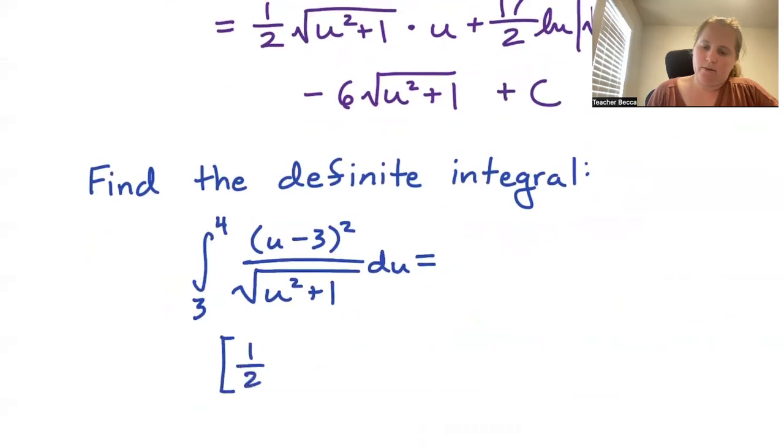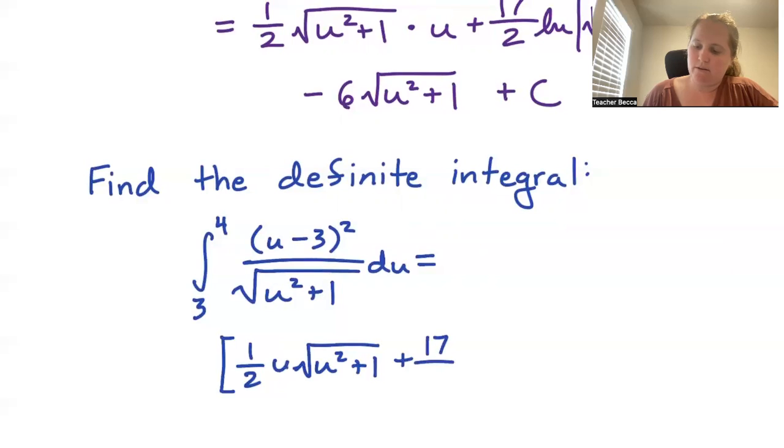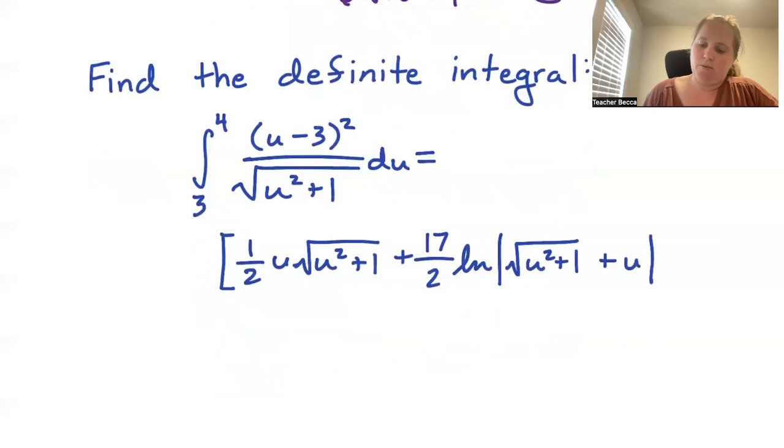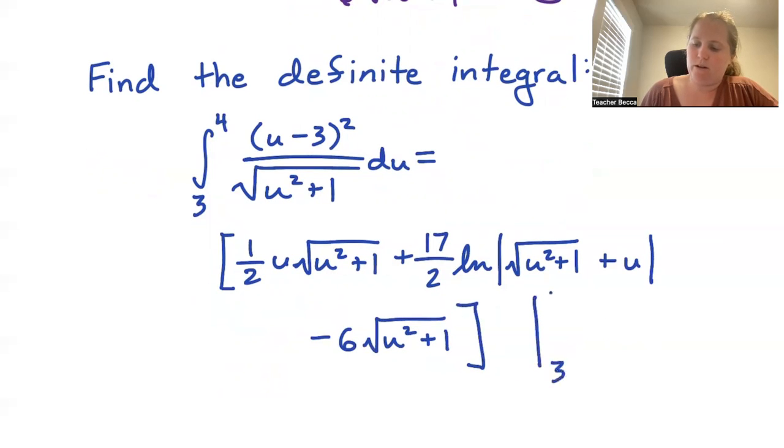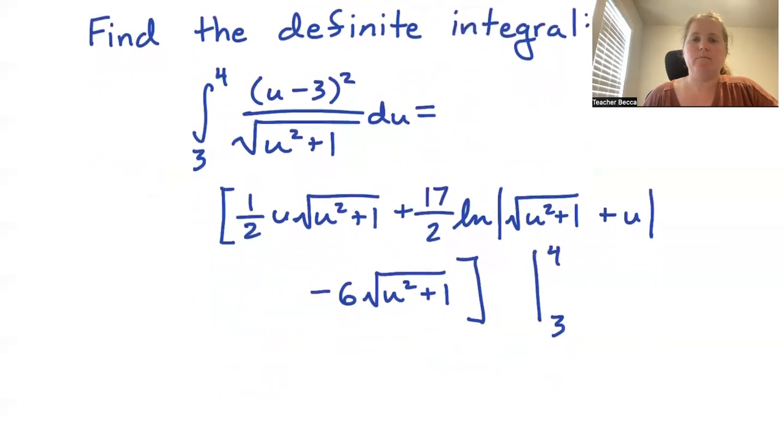So 1/2 u times the square root of u squared plus 1 plus 17/2 times the natural log of the absolute value of the square root of u squared plus 1 plus u minus 6 times the square root of u squared plus 1, all evaluated from 3 to 4.